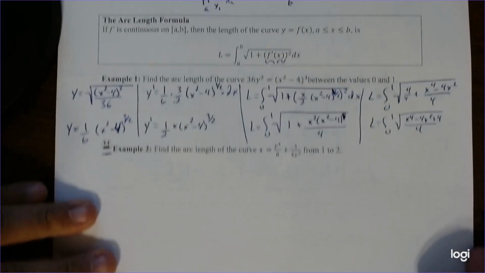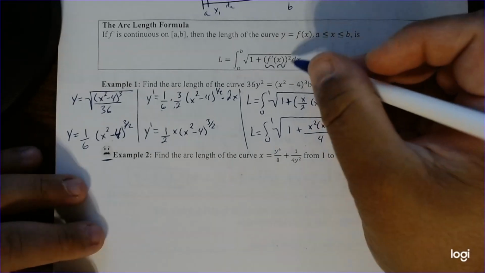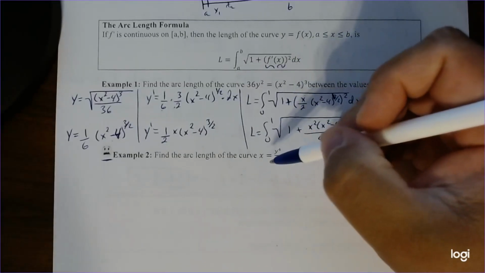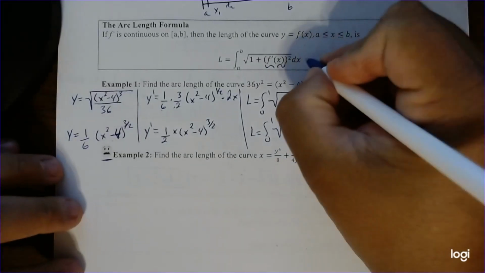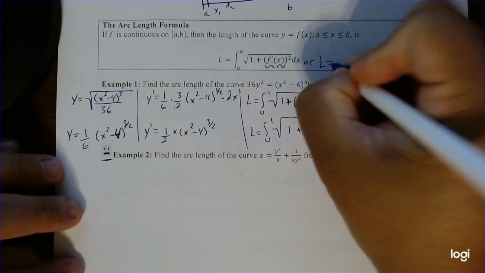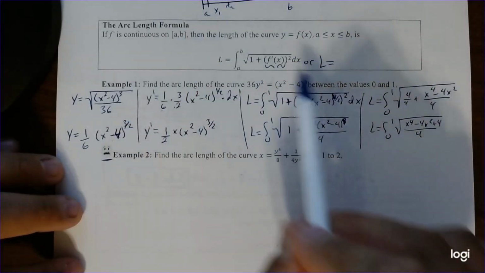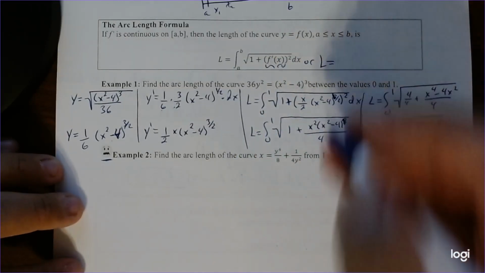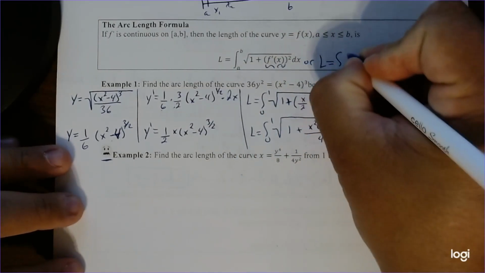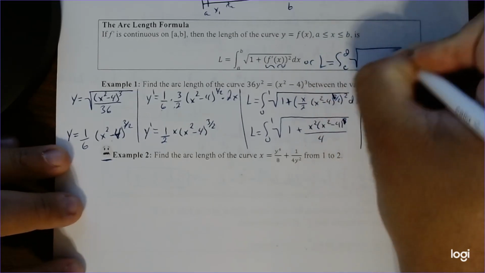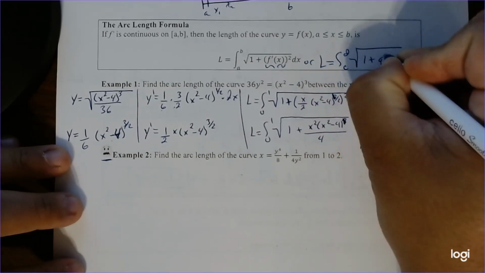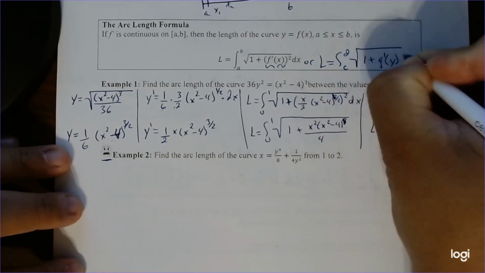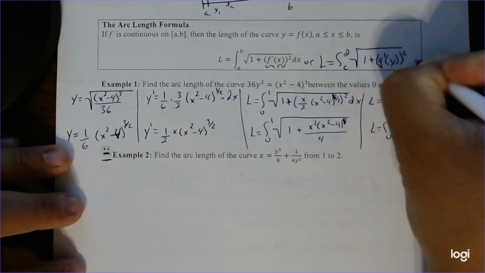So the same thing applies for arc length when given a value with respect to x. Instead of going this way, we go the other way, going up and down with respect to the y variable. It's the integral from c to d of the square root of 1 plus g prime of y squared, dy.